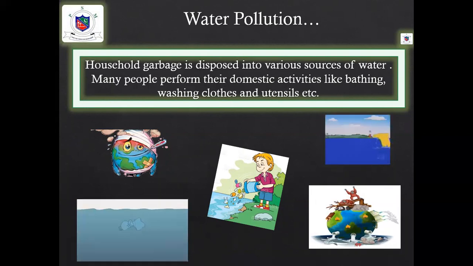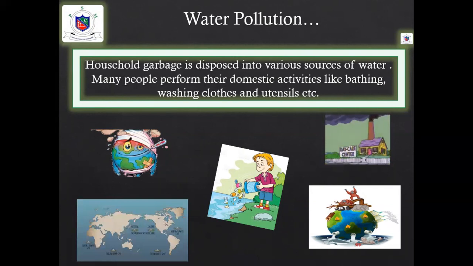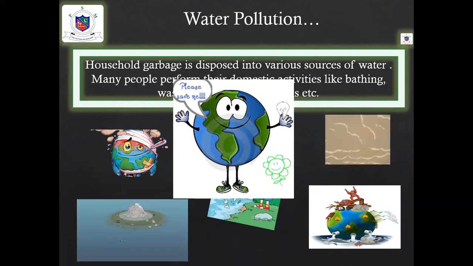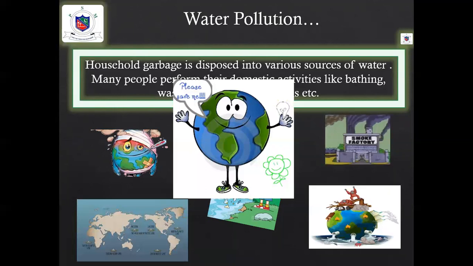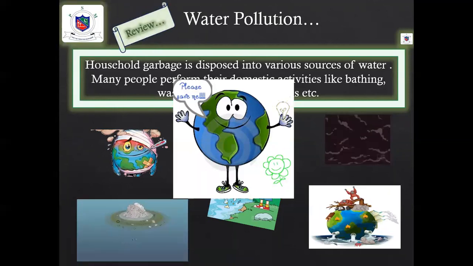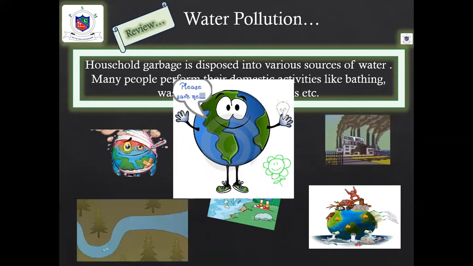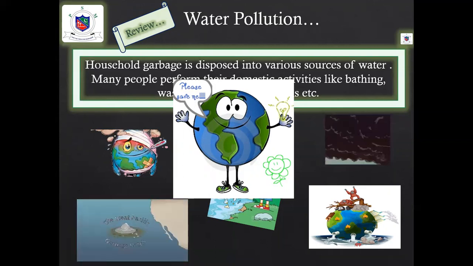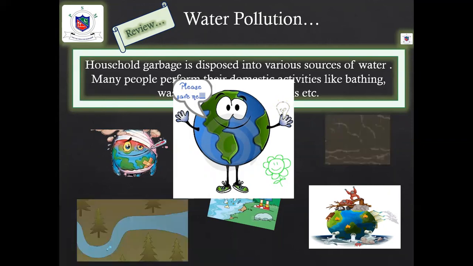So, students, contamination of water by harmful substances which affects life on earth is termed water pollution. Thus we need to make sure that we do not pollute water. Domestic activities like bathing, washing clothes, and utensils should not be done in rivers, lakes, ponds, etc.